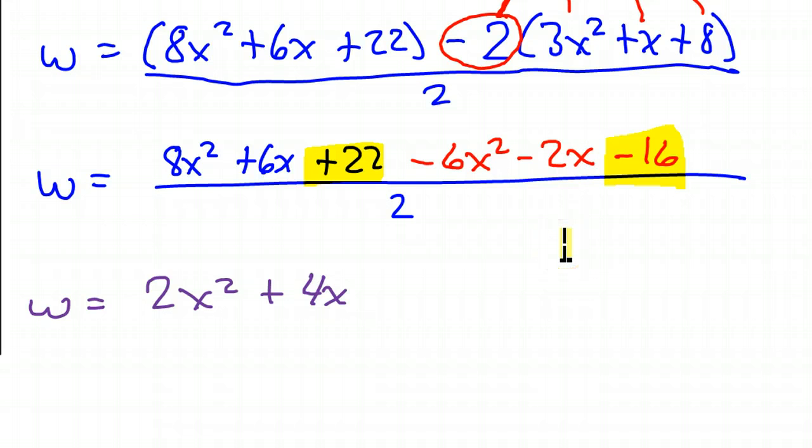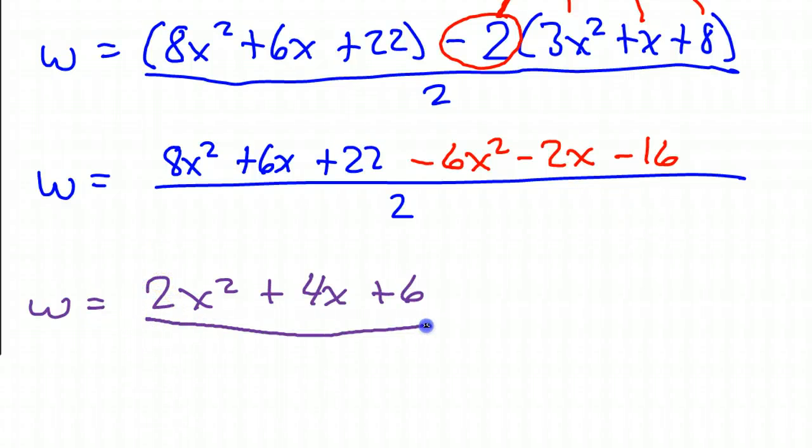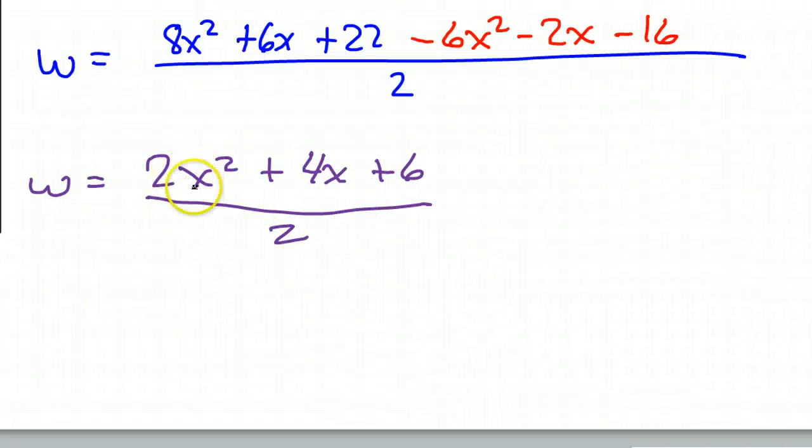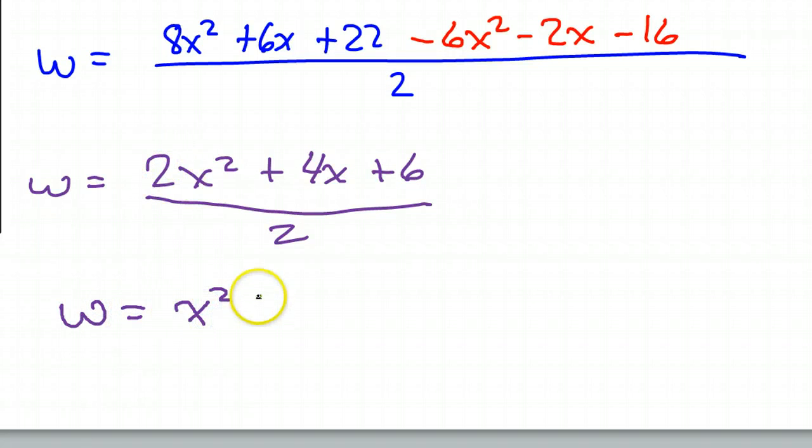So that's 6. Okay, so we've combined all the like terms in the numerator. And all of this is still to be divided by 2. If we take all of these and divide by 2, then that's going to give us x squared plus 2x plus 3. So this would be an expression for the width.